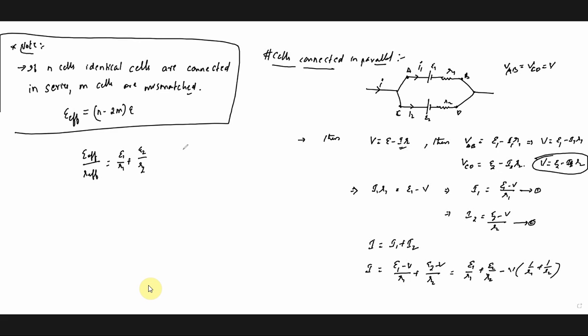And similarly, 1 by R effective can be taken as 1 by R1 plus 1 by R2. So E1 by R1 plus E2 by R2 is E effective by R effective, and 1 by R1 plus 1 by R2 is 1 by R effective. Please remember this.